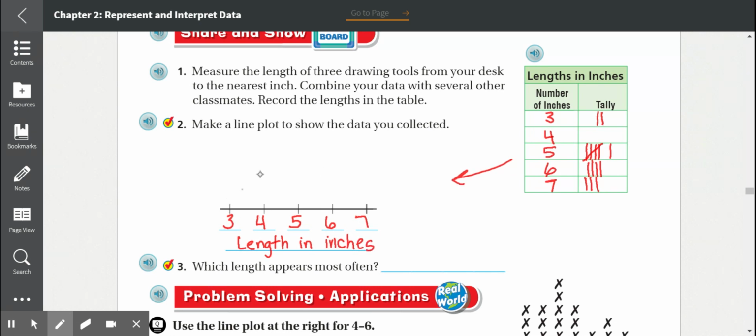Going to how many tallies? We have 2 tallies here, so that's 2 over here. We didn't have anything in our desk that measured 4 inches, so it stays blank. We had 6 things that measured 5 inches long.